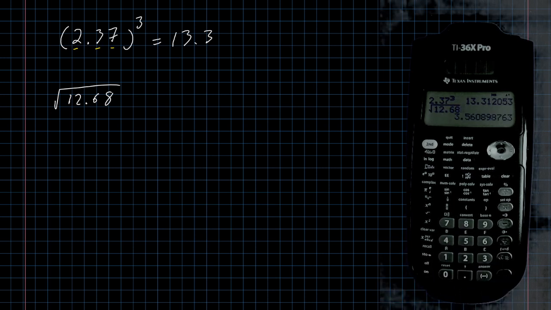And when I punch that into my calculator, I get this number, 3.5608, etc. But because I have 4 significant digits in the value I start with, I approximate and just put in the first 4 significant digits. That's going to be 3.561. All right.